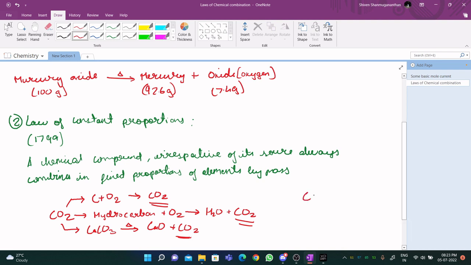So all three are CO2. Now the ratio of its masses would be mass of C is 12 and mass of oxygen is 32. So we get 3 is to 8. Fine. Now the next law we will learn about is law of multiple proportions.